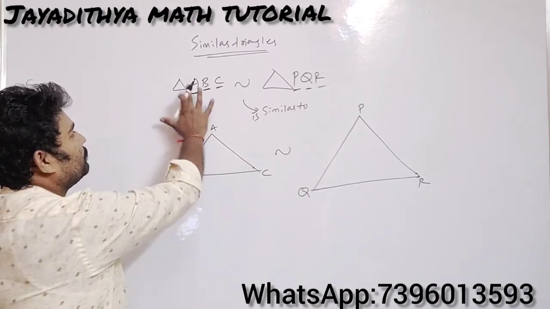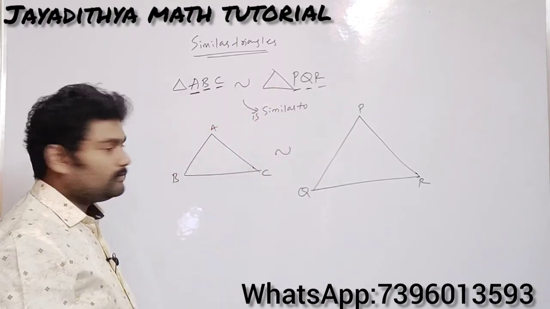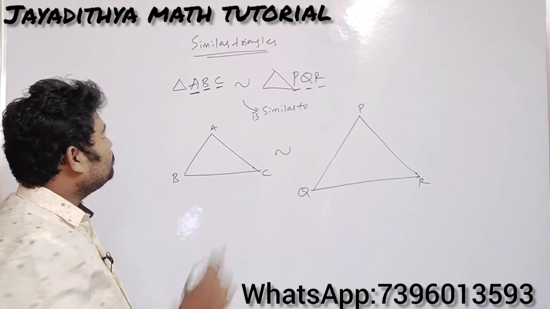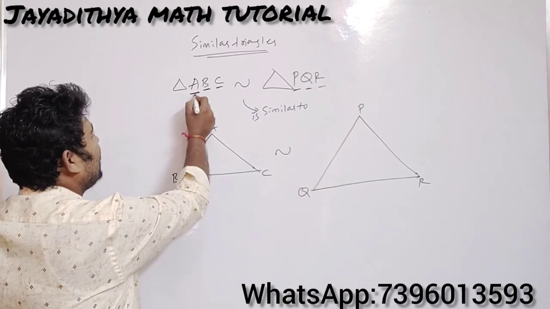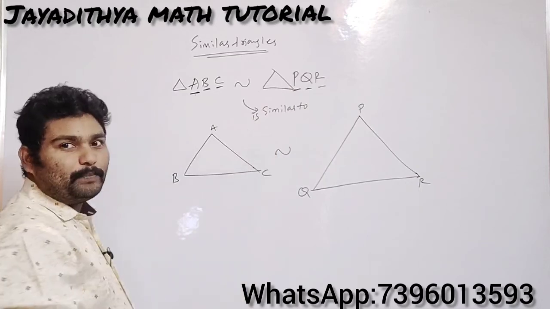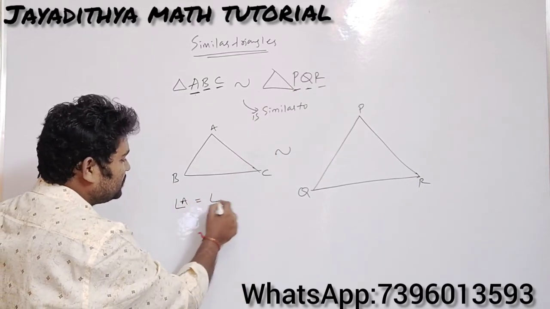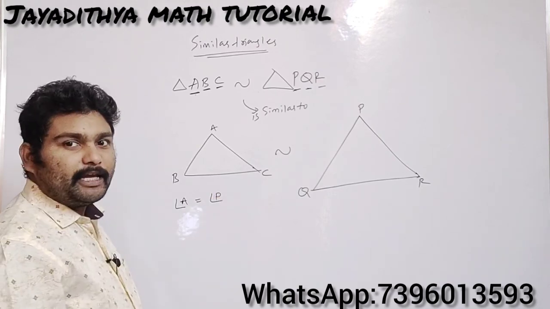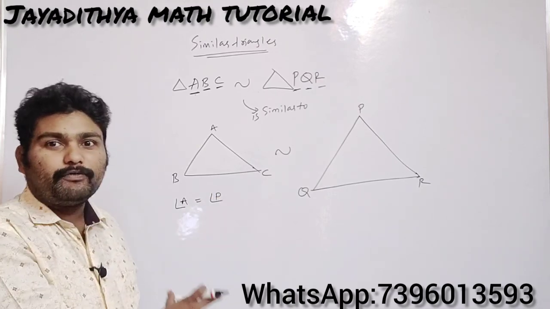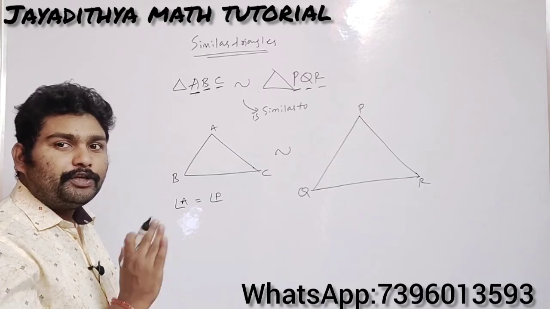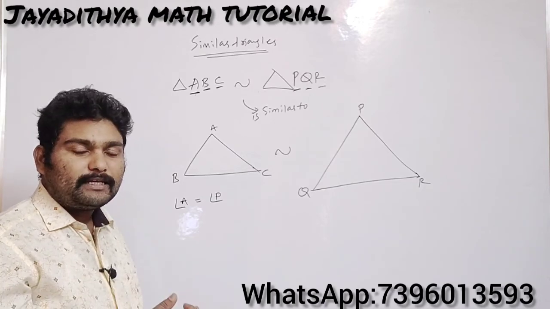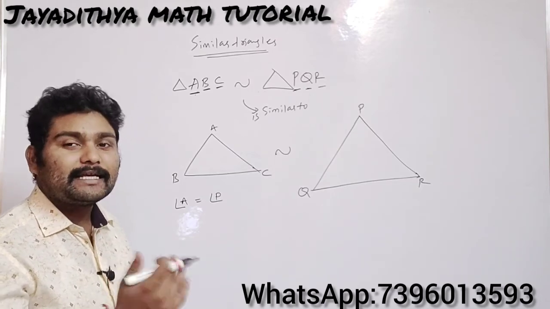From the given statement or from the given triangles, what can we say? Angle A is corresponding to angle P. When they are similar, angle A must be equal to angle P. This is very important. You should know how to represent and recognize the corresponding sides and corresponding angles.